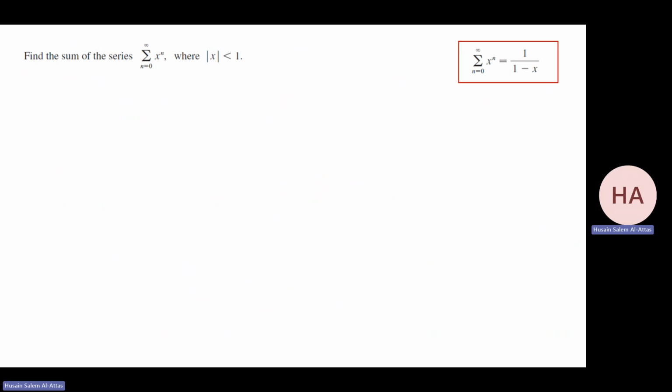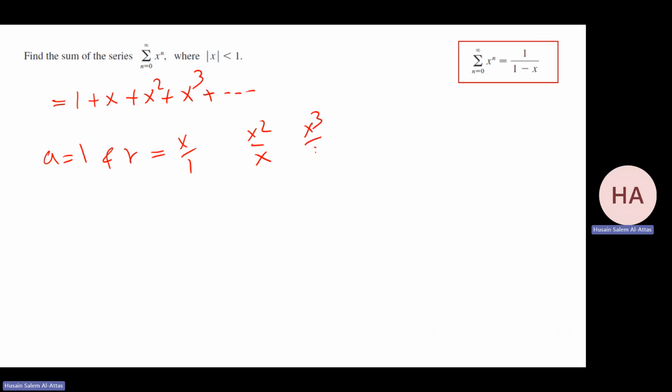Find the sum of this series, x to the power n, where the absolute value of x is less than 1. I can do the same. Open it up. That will be 1 plus x plus x squared plus x cubed, blah, blah, blah. So A equal 1, and R, x over 1, x squared over x, x cubed over x squared.